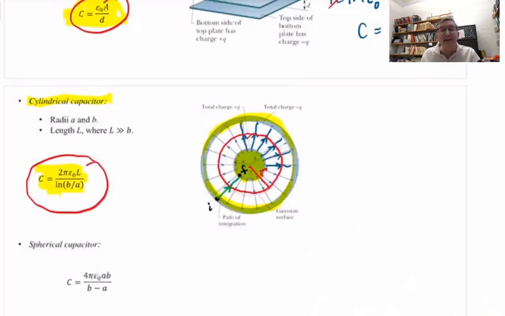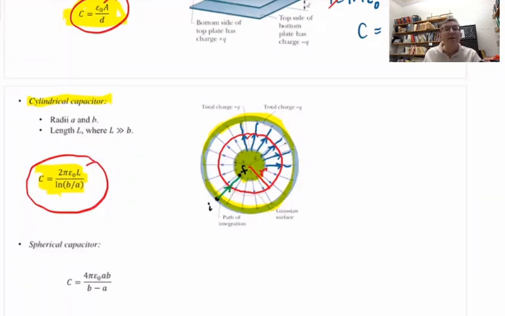And the inner sphere has radius A, and the outer spherical shell has radius B. You put plus Q on the surface of the inner sphere, and minus Q on the inner surface of the shell, and you get that radial electric field in between. You can use Gauss's law to get a formula for it. Then you can integrate E dot ds from one conductor to the other and get the potential difference.